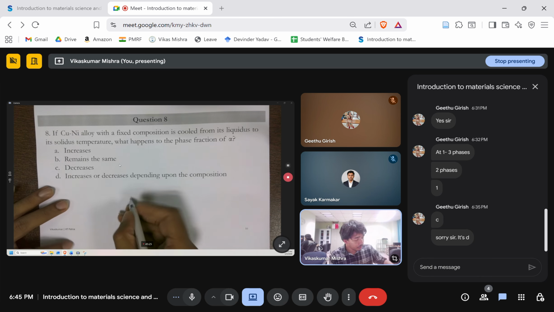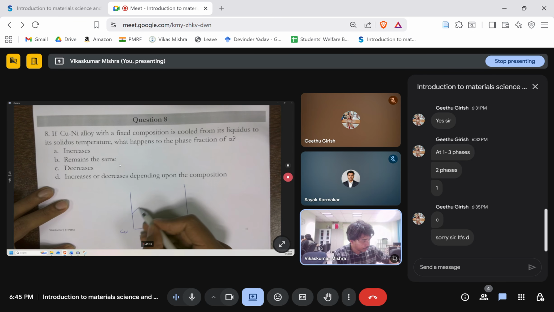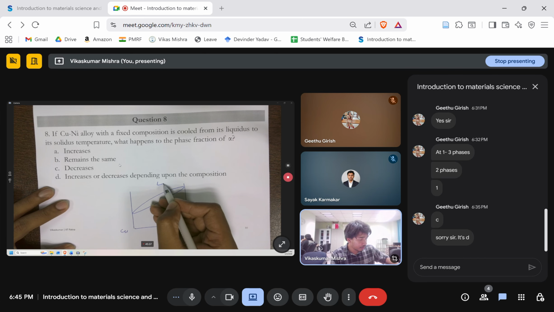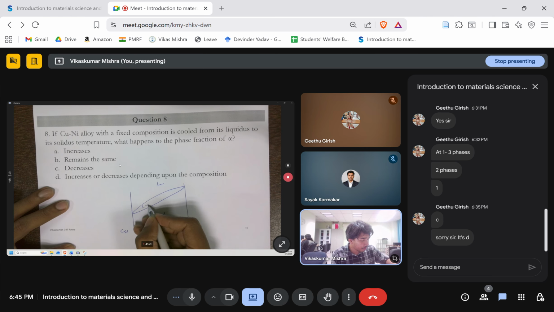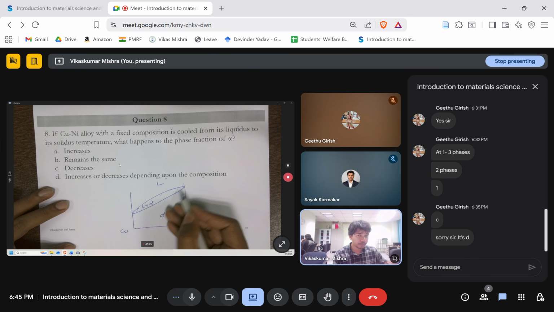Okay. We know the copper and nickel phase diagram. They form the isomorphous phase diagram. Liquid, alpha. Here it will be liquid plus alpha throughout this region, throughout this range.